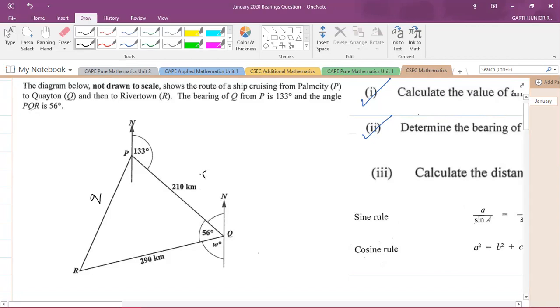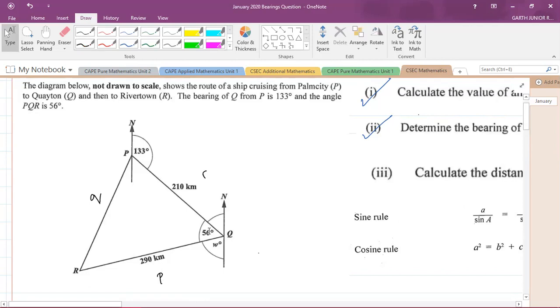Small r in this case is the 210 kilometers. And this angle here is my angle P, so the side opposite to that is going to be small p, where p in this case is the 290 kilometers.